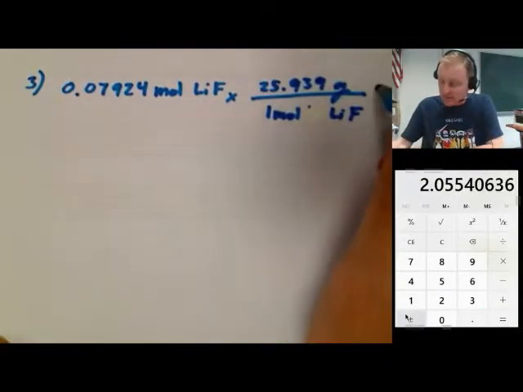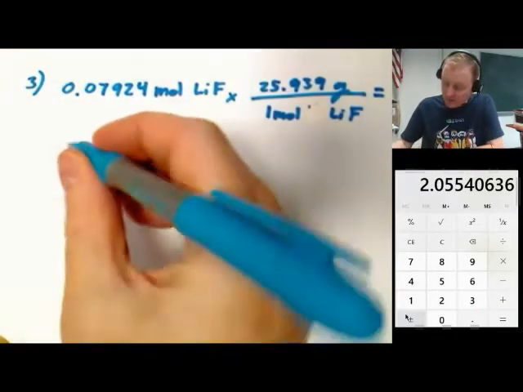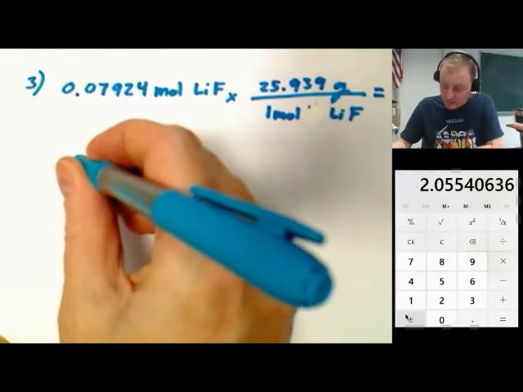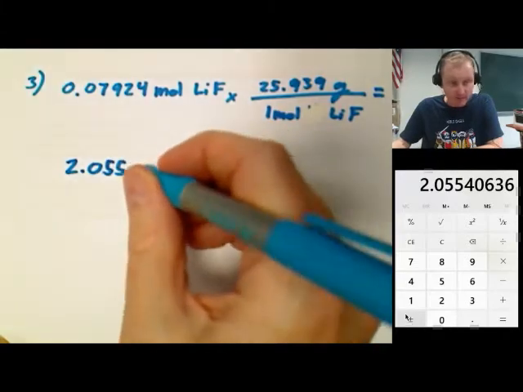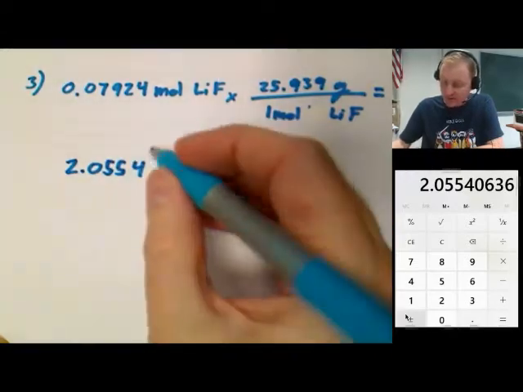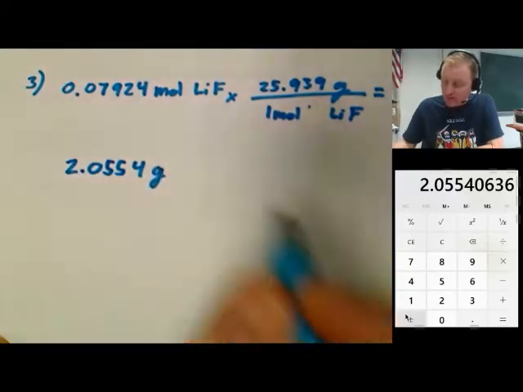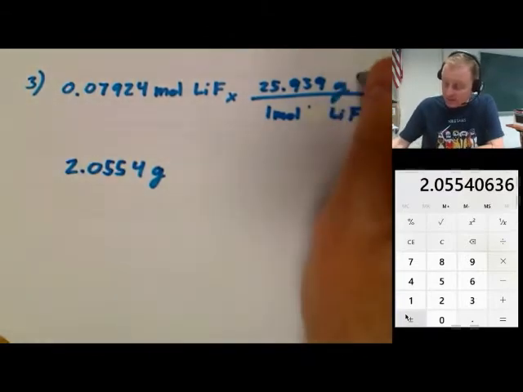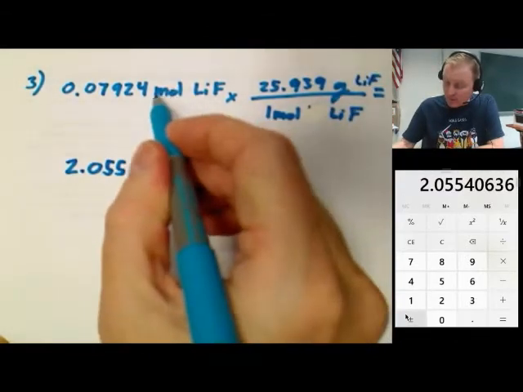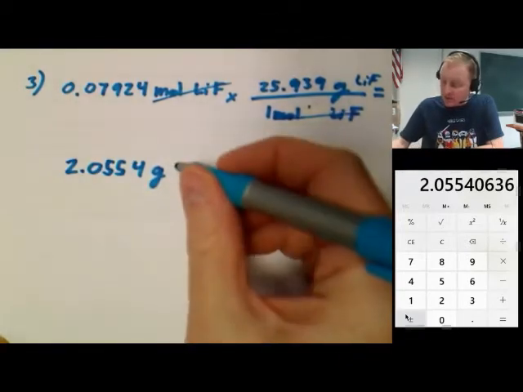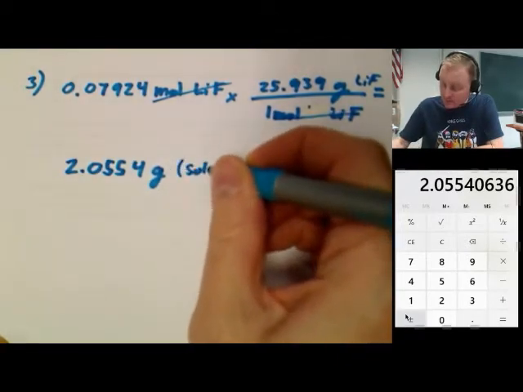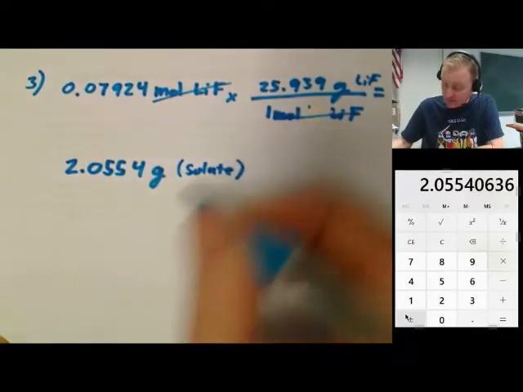When we multiply these two things together, we come up with 2.0554, we'll just stop there, grams. And the lithium fluoride, remember moles cancel with moles, the lithium fluoride is the solute, so that's what's dissolving in the water, our solution.